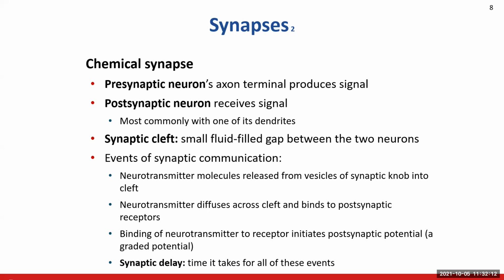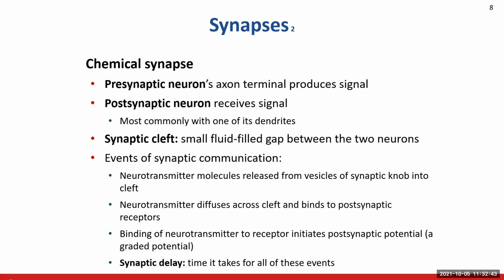They hold on to what we call a neurotransmitter. A neurotransmitter is a chemical that is going to stimulate or inhibit, because they can do both, the postsynaptic neuron. So the synaptic knob houses these vesicles, these little balloons that have that neurotransmitter in it.